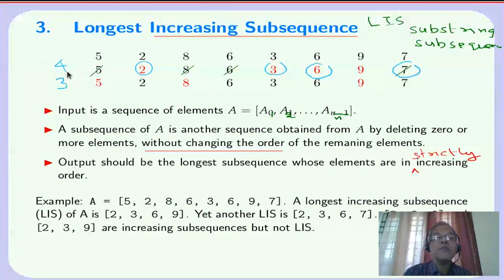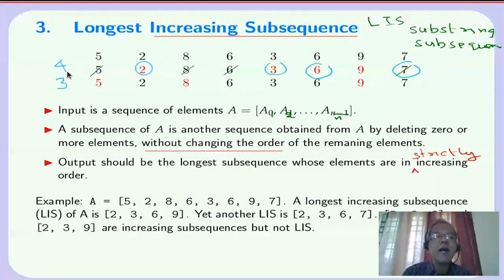If I know the LIS of the rest of the sequence, from that, I can find the LIS of the whole sequence. Is that possible? Or if I can find out the LIS of 2, 8, 6, 3, 6, 9, 7, from that I can find out the LIS of the whole sequence.